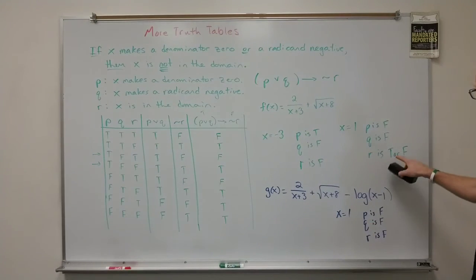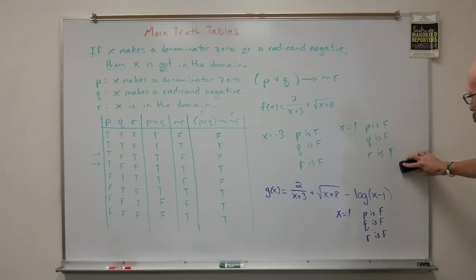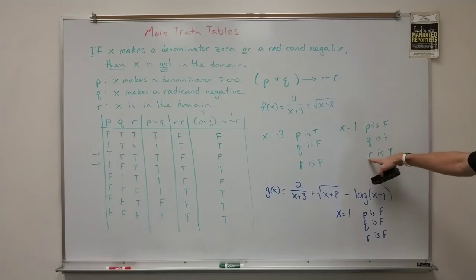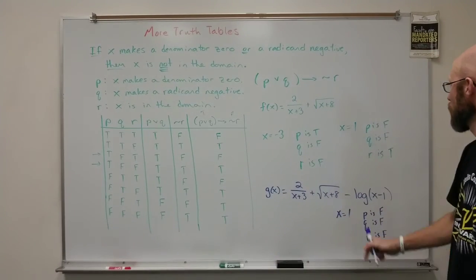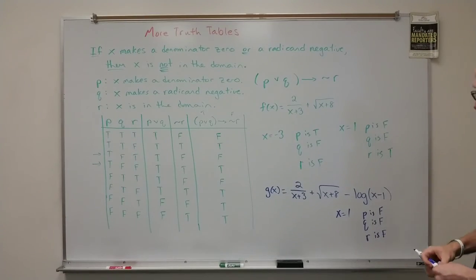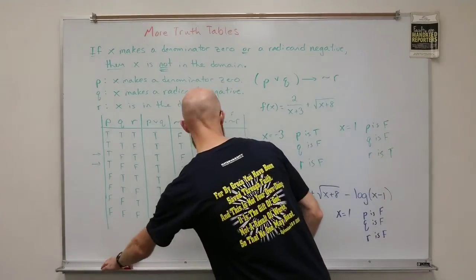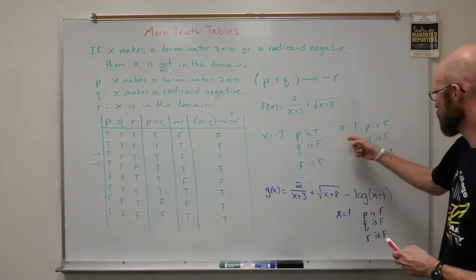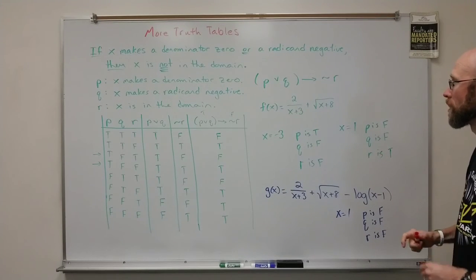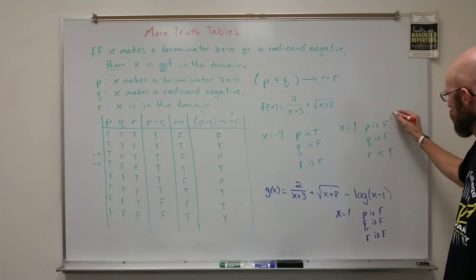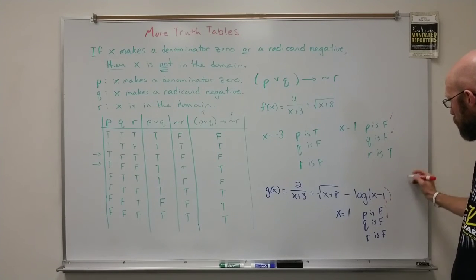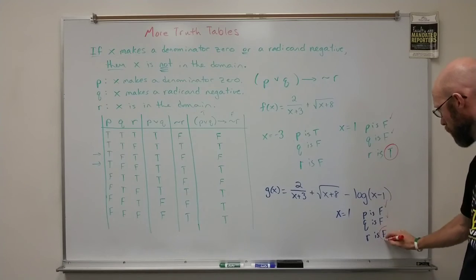Actually here I can't say T or F, because R is actually in the domain of that function. So here's an example, I guess, where you have the same number picked. You got the F and the F, you got the F and the F, but here you've got a true, and this one you've got a false.